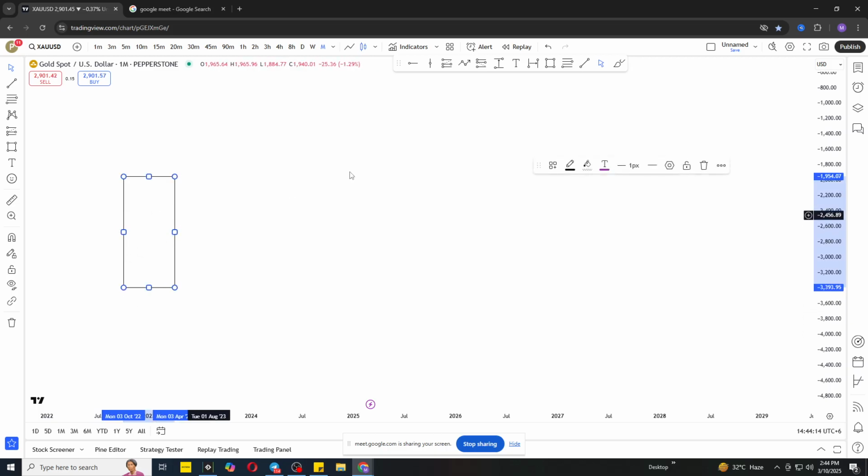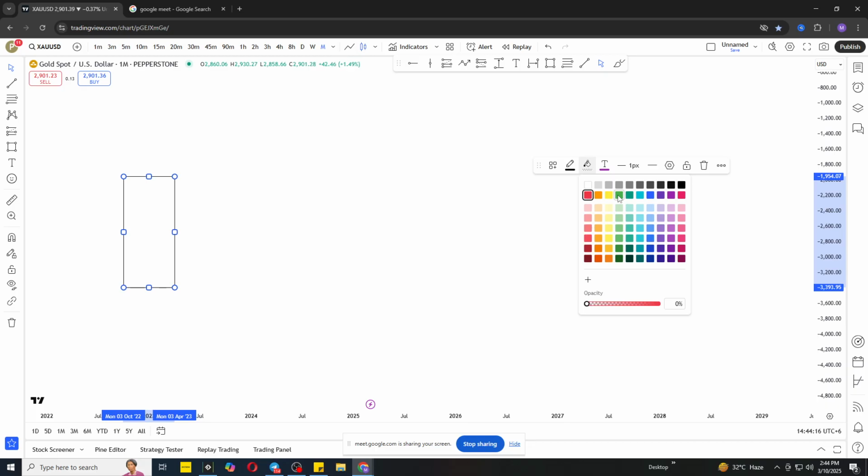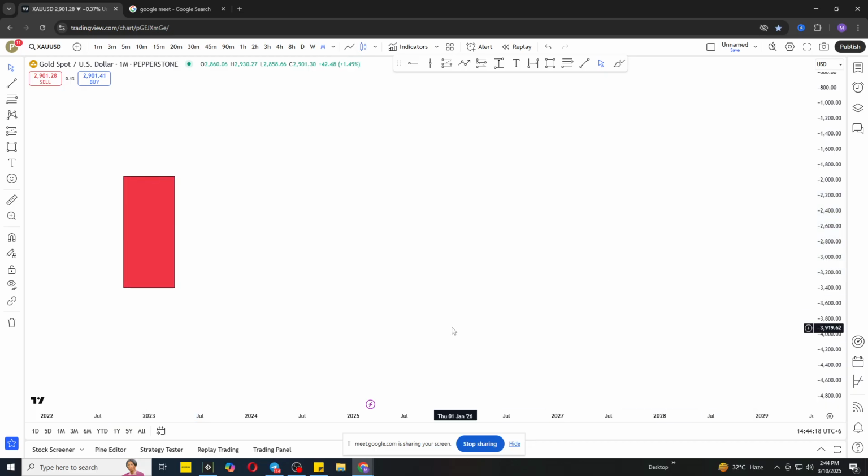So if we give it a color, let's say I'm giving it this color, now this color tells you something. Previously I asked you, what is this candle, buy or sell? You said we do not know yet. Now based on the color, is it a buy or sell candle? This is red color. Obviously, sell candle.